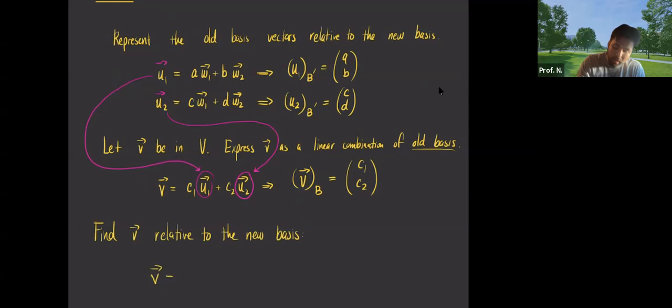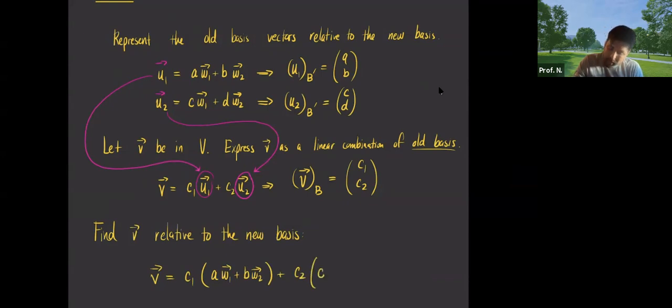Well, since I know V is equal to C1 U1 plus C2 U2, then I can replace U1 in terms of the new basis vectors, which is A W1 plus B W2, plus C2, and U2 is what?